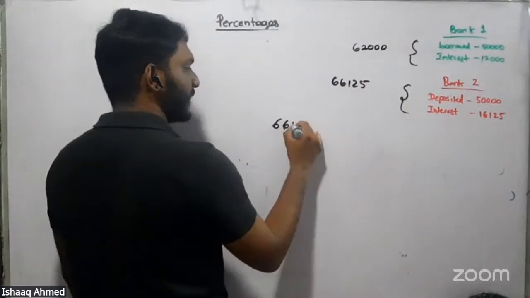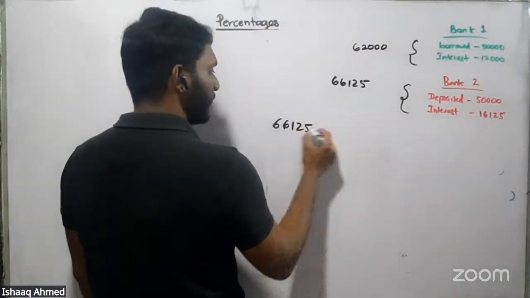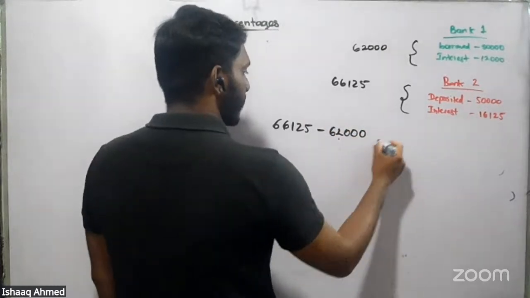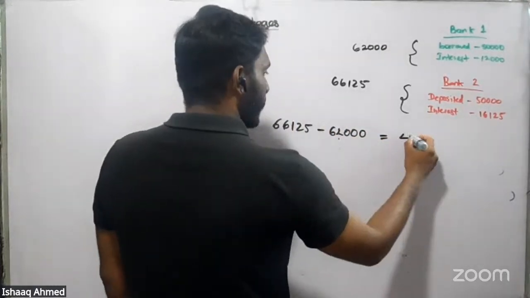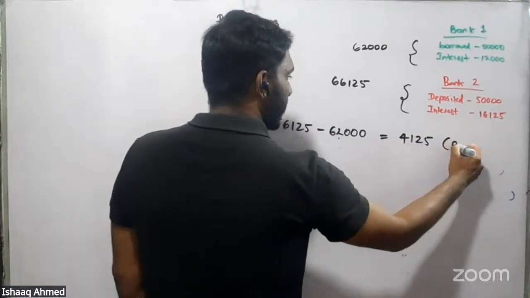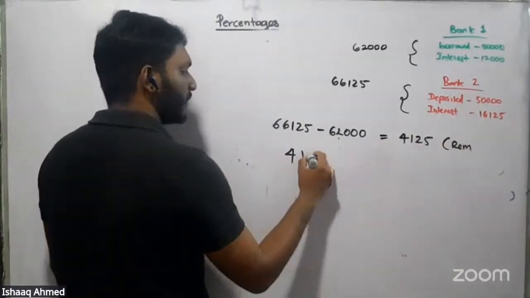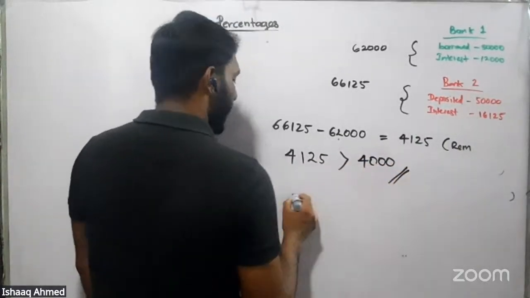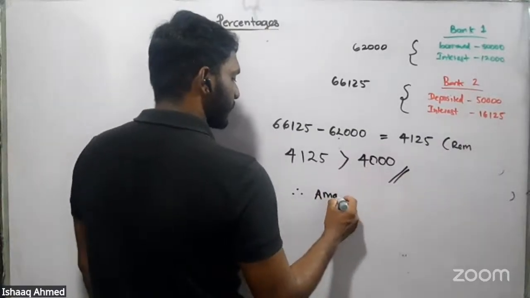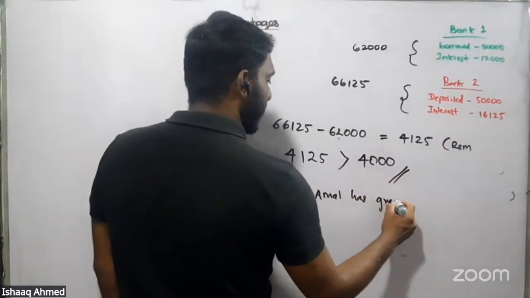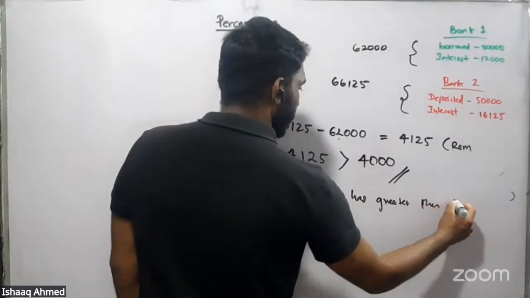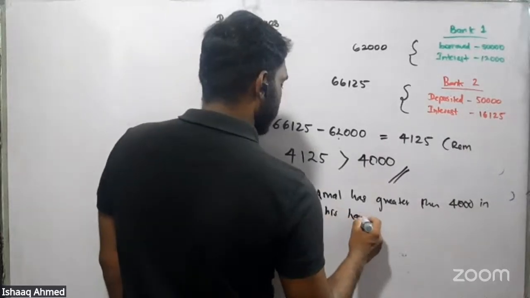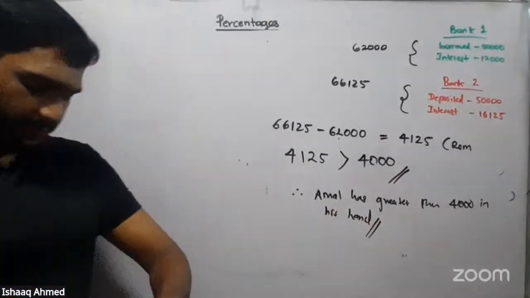So from 66,125, if we subtract the amount he has to give the next bank, 62,000, how much will be remaining? 4,125 will be remaining. 4,125 is greater than 4,000 now. Therefore, Amal has greater than 4,000 in his hand. This is the question.